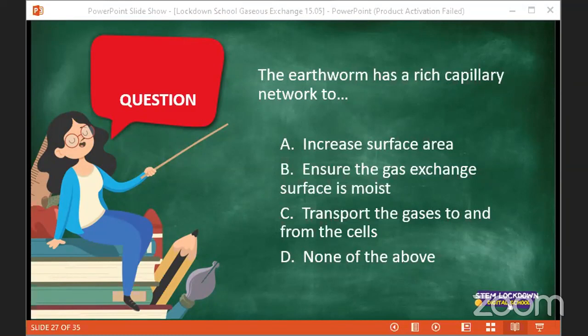You guys have a minute? The earthworm has a rich capillary network. So A, increase the surface area. B, ensure the gas exchange surface is moist. C, transport the gases to and from cells, or D, none of the above.